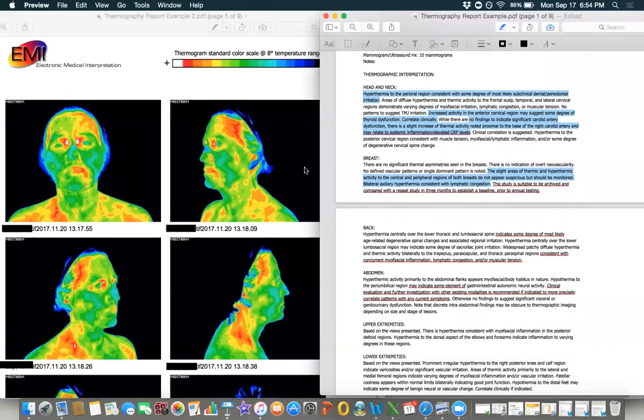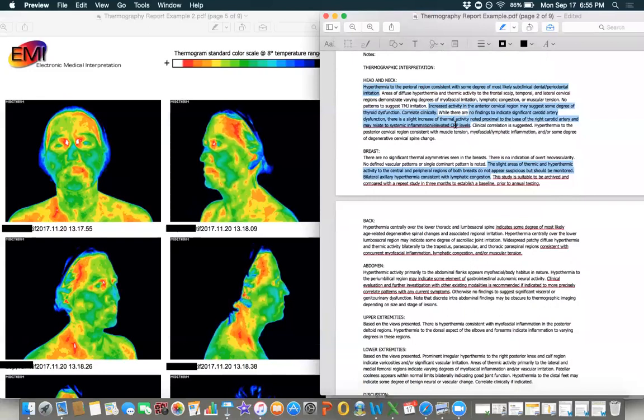On this person's report, there's also increased activity at the front of the neck, which the radiologist noted might be suggestive of some degree of thyroid dysfunction. Correlate clinically. So what that means is you might want to have that checked out. And you can have that checked out with your doctor with a blood test.